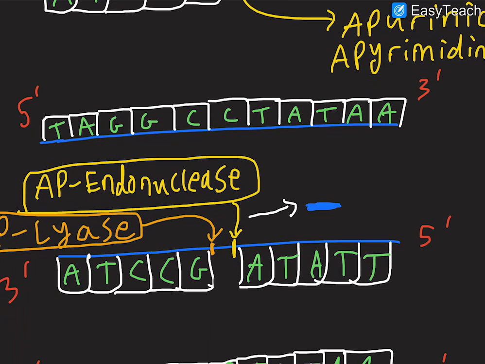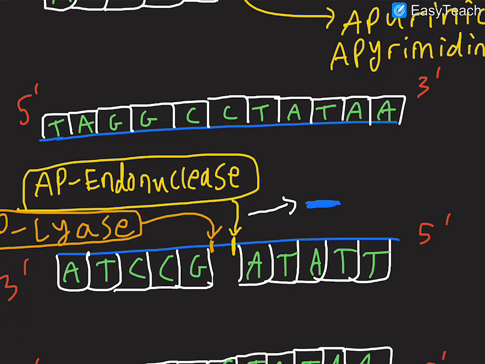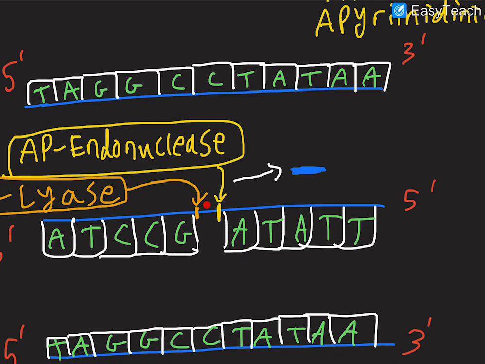Then an AP endonuclease comes in. This endonuclease is cool because, remember, the blue represents the sugar phosphate backbone, which is still intact. We still need to cut that out because right now we only cut the base out. We need to cut the whole nucleotide out, so that's base plus sugar phosphate backbone.